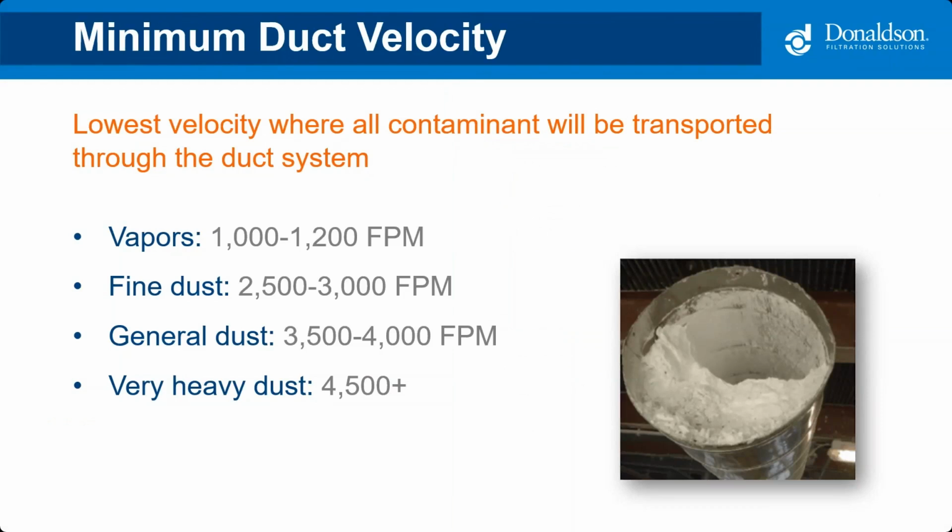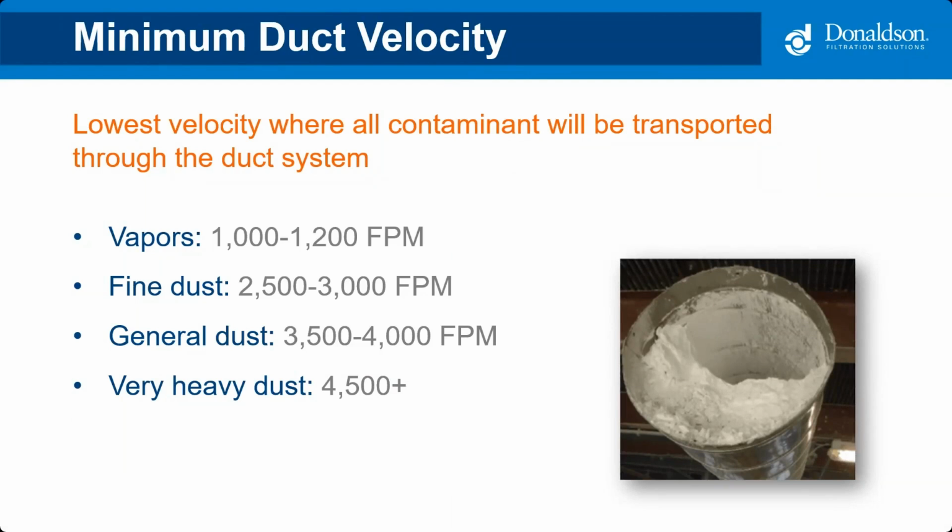Minimum duct velocity is a critical factor when it comes to duct design. Typically, we size ductwork to maintain transport velocities between 2,500 and 5,000 feet per minute. If the dust is combustible, NFPA typically requires a minimum conveying velocity in a duct of 4,000 to 4,500 feet per minute, depending on the material being collected.